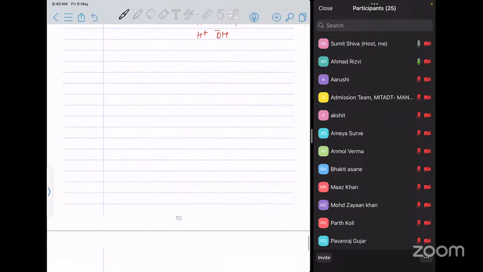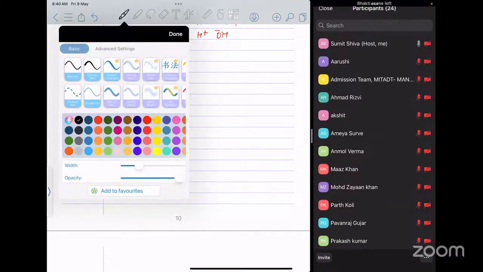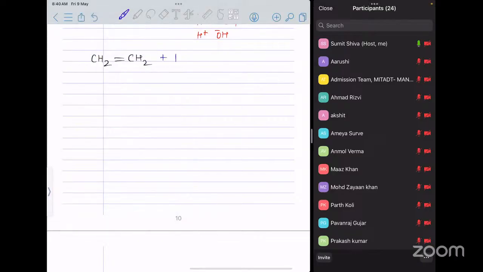Yes, sir. Let's say we have CH2 double bond CH2, and we are treating it with HCl. In HCl, H is plus, Cl is minus. In this case, the unsaturated hydrocarbon is symmetric, so there is no problem in CH2 double bond CH2. You can just break the bond.